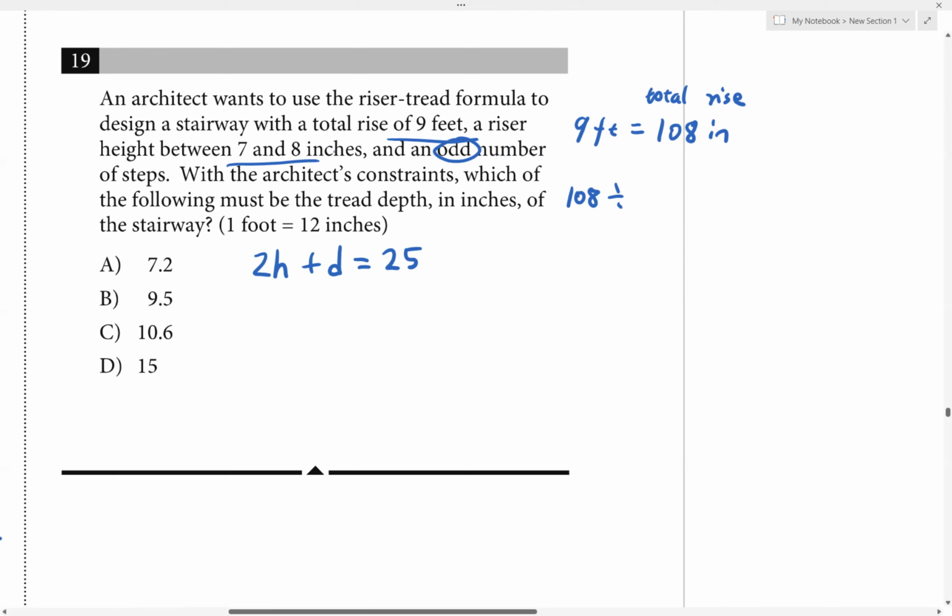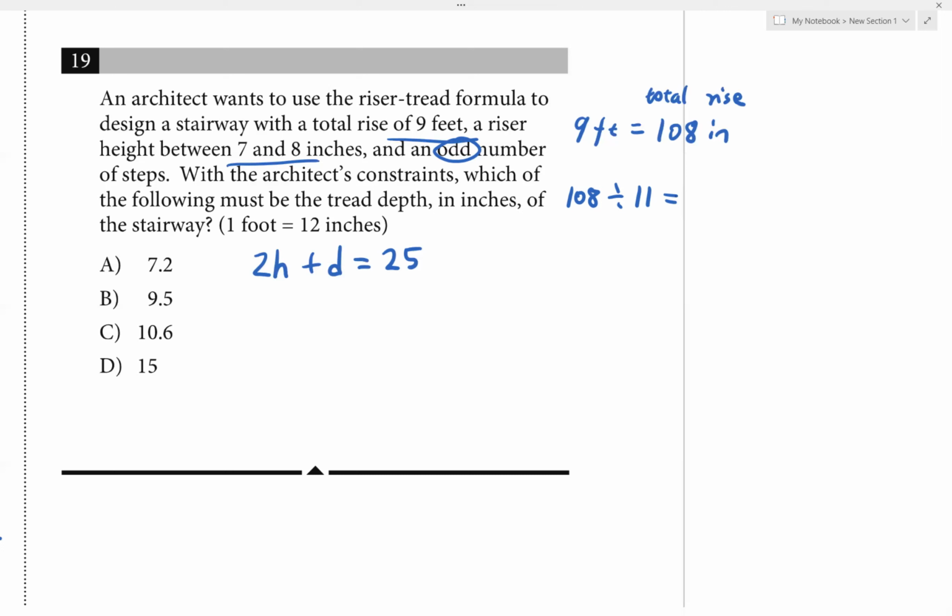That will give us the number of steps, and from that we can solve for the exact h value as well. Let's say we have 11 steps. It might not work, but let's give it a try: 108 divided by 11.